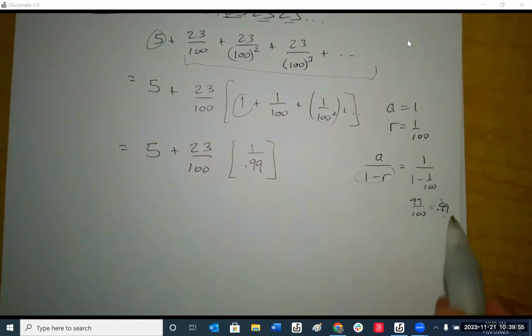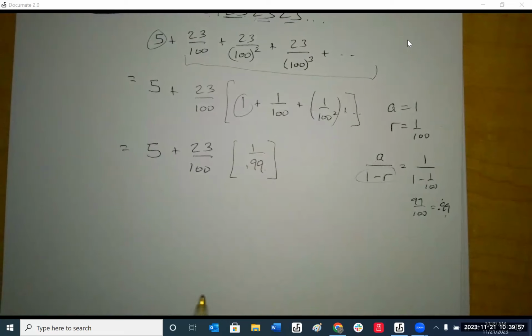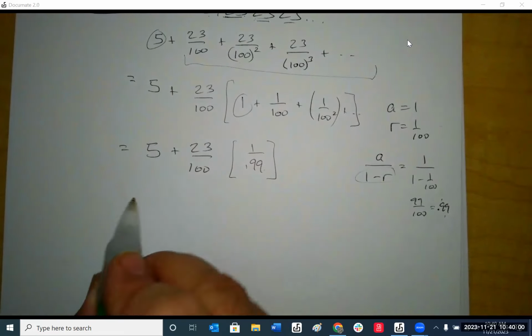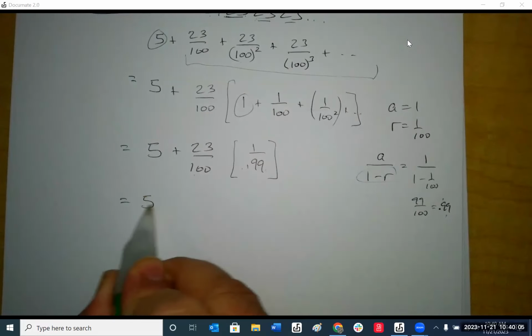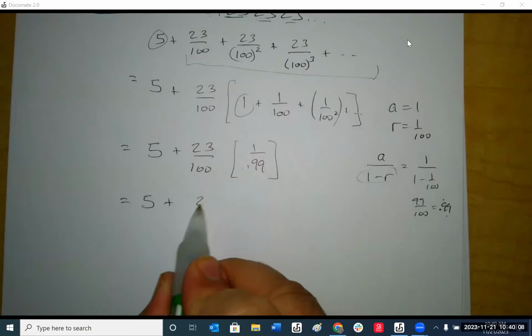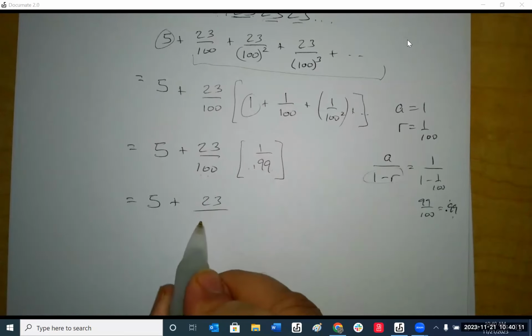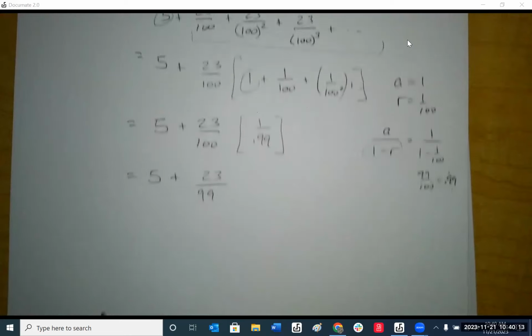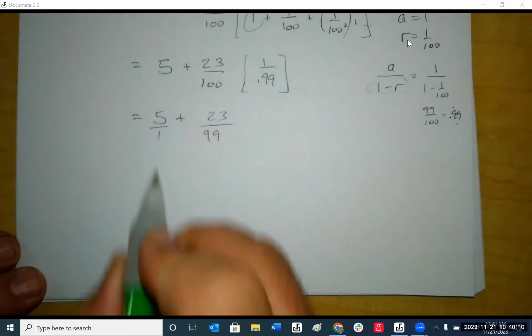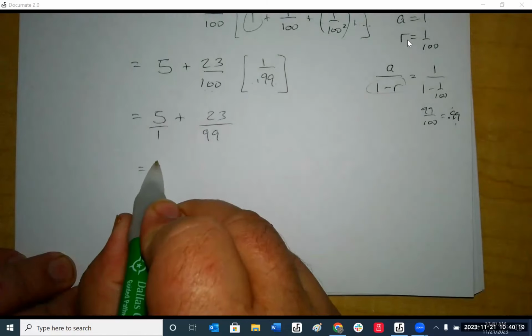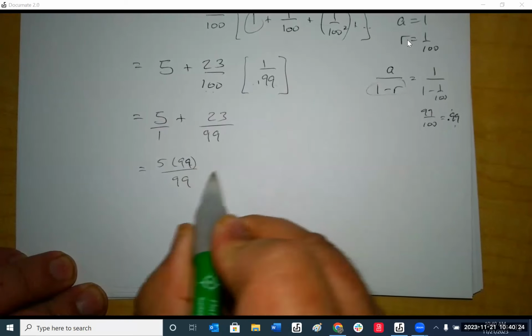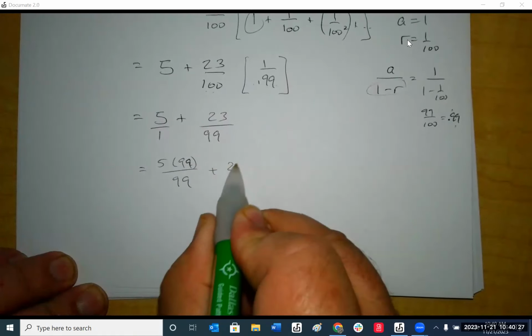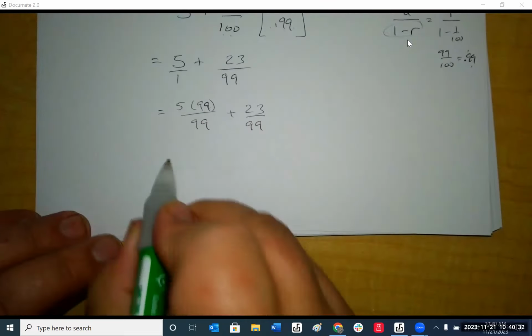This is just the bottom. 0.99 is the bottom. So multiply these two together. 23 times 1 is 23. 100 times 0.99 is 99. Get a common denominator. So it's all over 99.